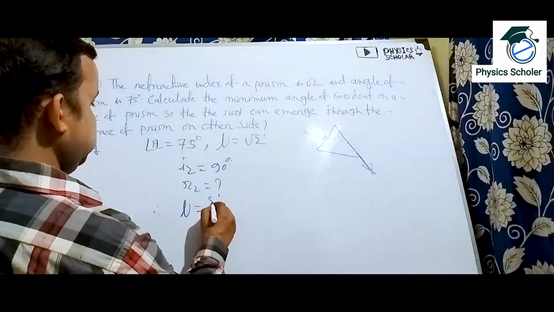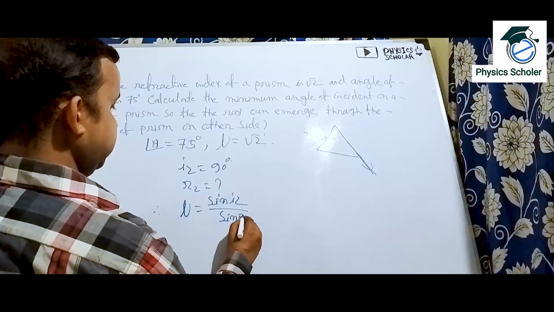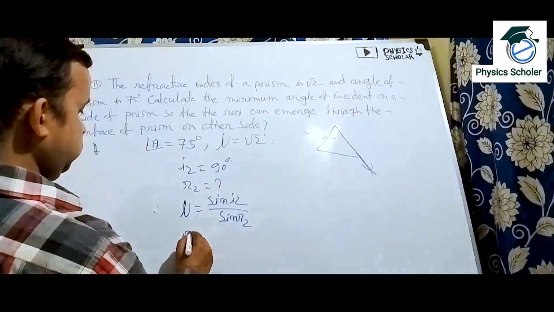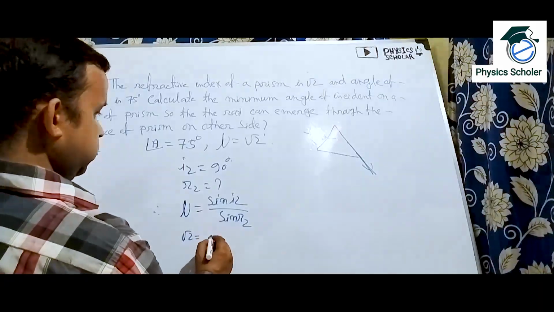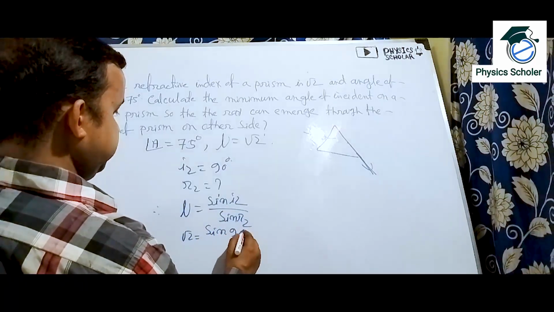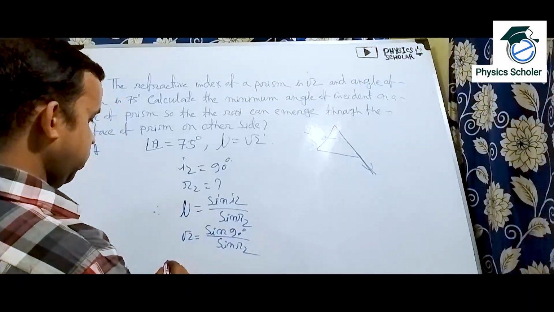Mu is equal to sine I2 by sine R2. So what is the value of mu? Root 2 is equal to sine I2, which means sine 90 degree, by sine R2. Sine 90 means 1.